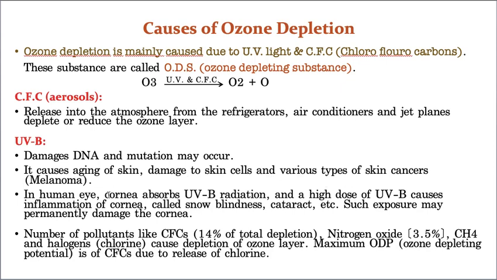In the human eye, the cornea absorbs UVB radiation, and a high dose of UVB causes inflammation of the cornea, called snow blindness, and cataract, etc. Such exposure may permanently damage the cornea. So these are the harmful effects of UVB radiation.